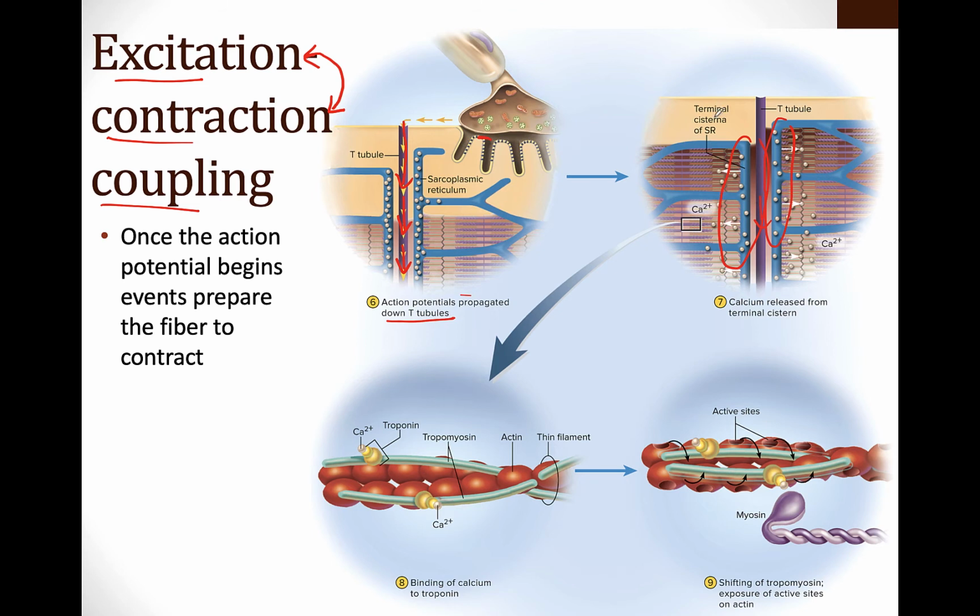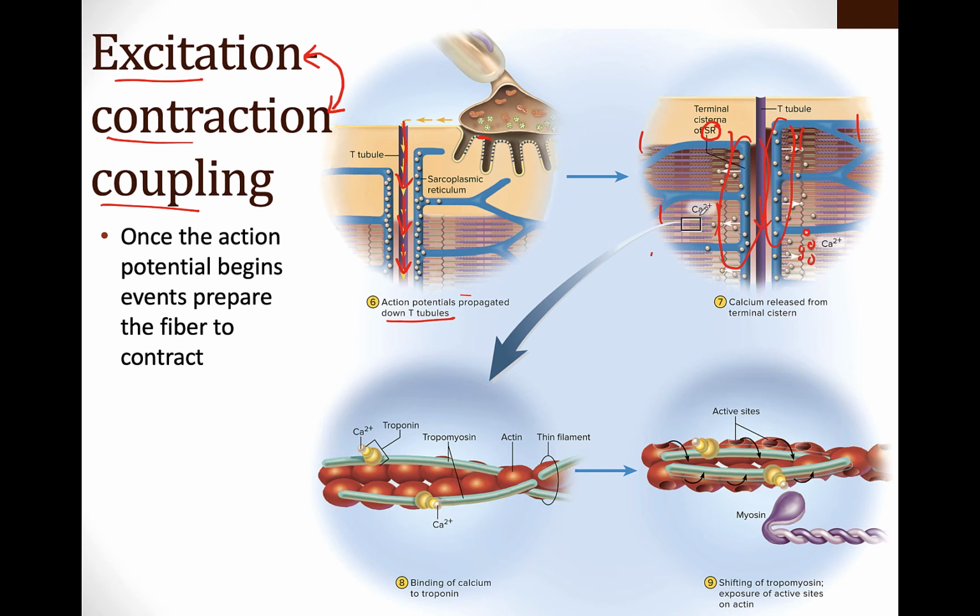Remember, this is the sarcoplasmic reticulum, and these are going to release the calcium. So these little yellow or gray dots here, those are the calcium being released into the actual muscle cell. So you can see here's a sarcomere, here's a sarcomere, here's a sarcomere. And they're getting a whole bunch of calcium flooded throughout all of the sarcomeres.